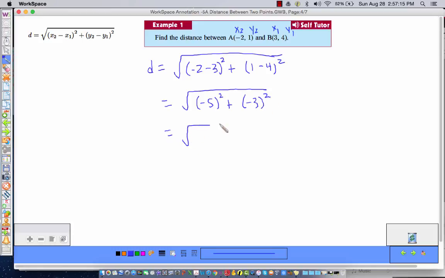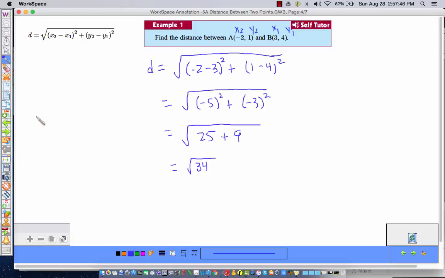So that's the square root of negative 5 squared, which is 25, plus negative 3 squared, which is 9. 25 plus 9 is 34. So they're the square root of 34 units long. That's perfectly fine to leave it like that. If an estimate is needed for a decimal, we can crank it in our calculator. But for now, we are good.